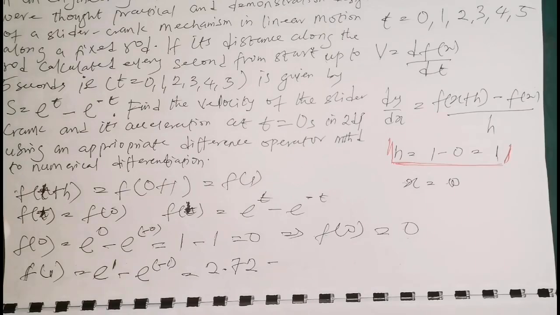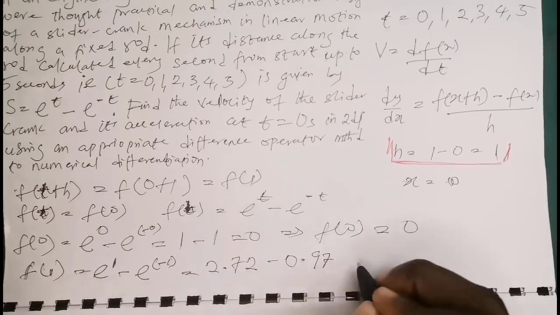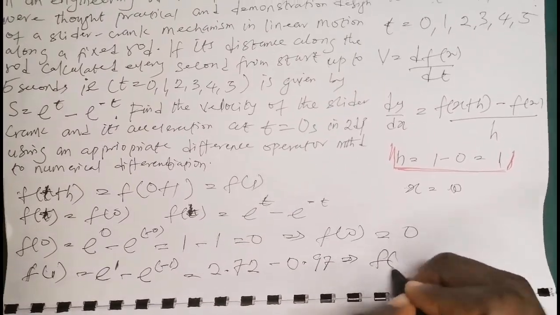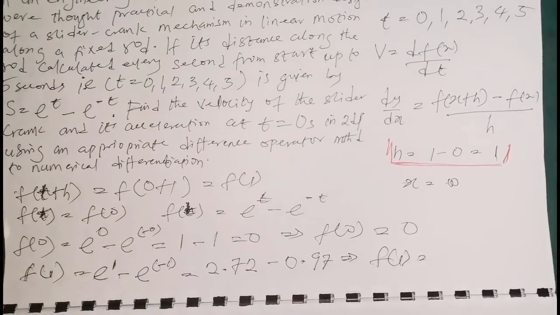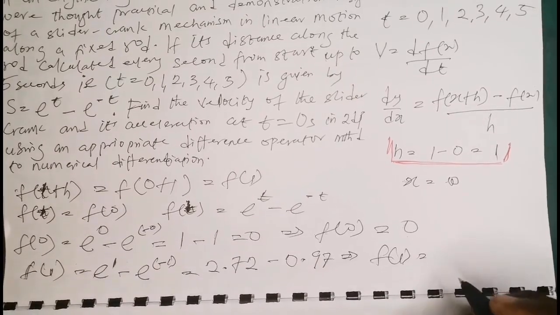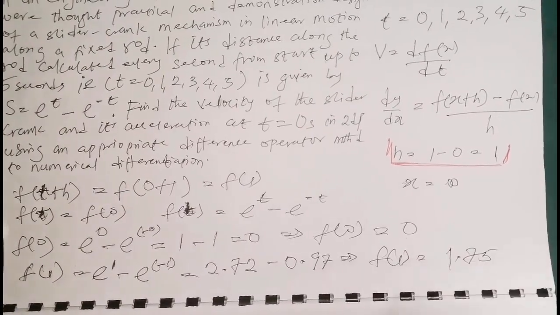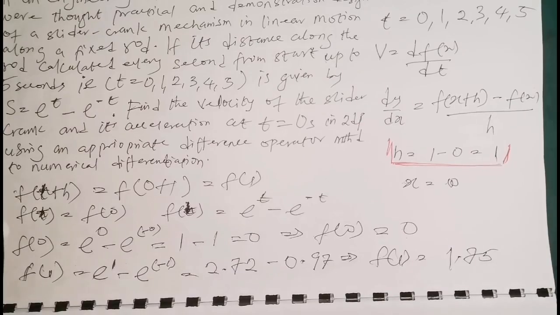Exponential negative 1 simply gives us 0.97 approximately. So this implies f of 1 is going to be equal to 2.72 minus 0.97. That gives us 1.75. So f of 1 is simply 1.75.